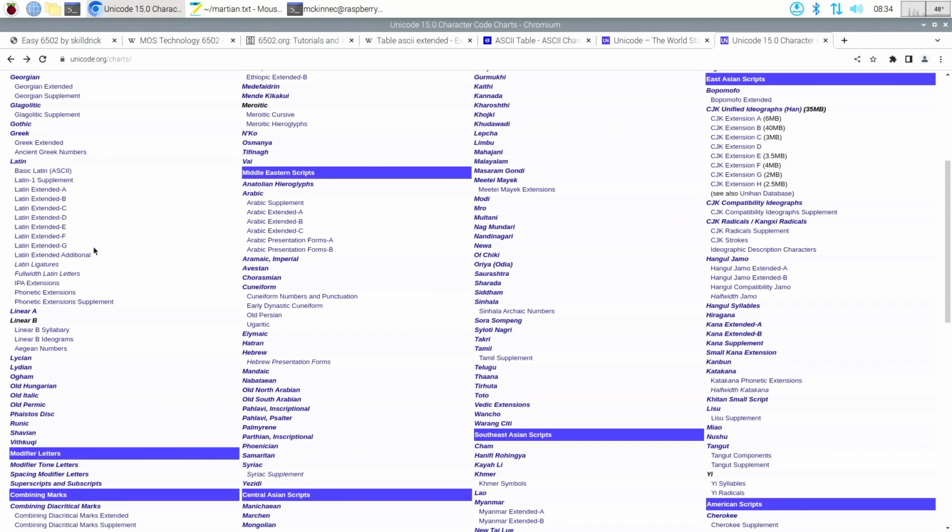So what other symbols or languages do you want to think about? Chinese presents a real challenge here, because in any Latin-based alphabet, how many letters are there? Basically 26.